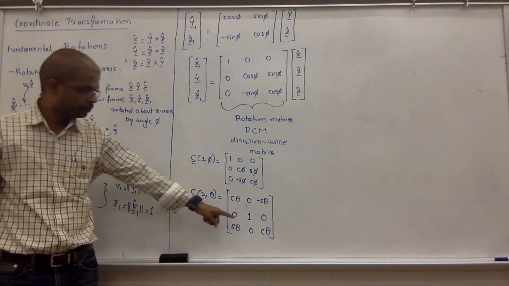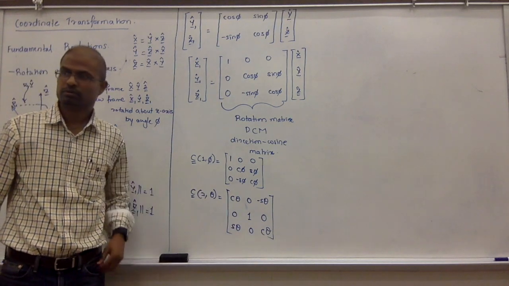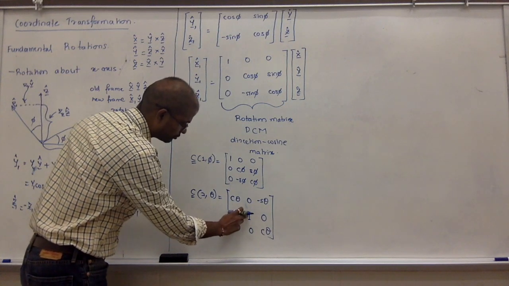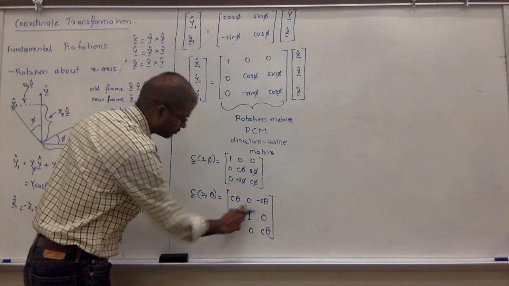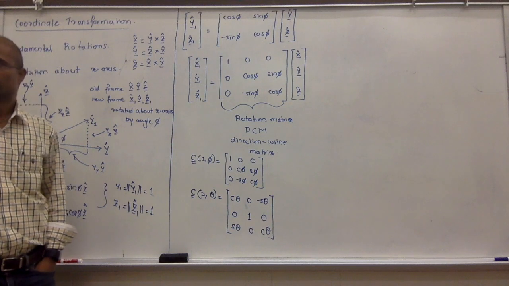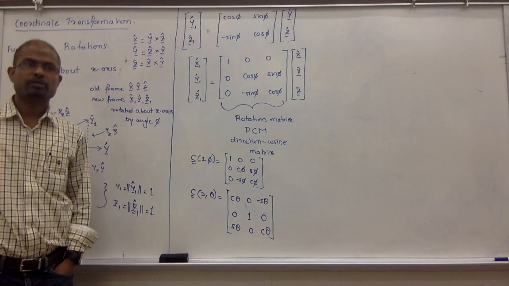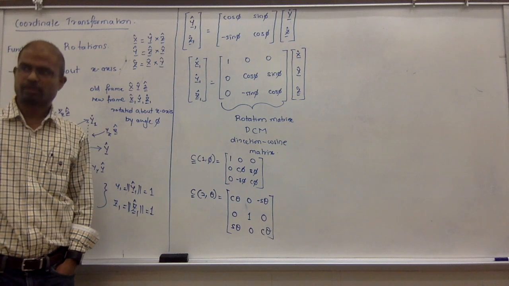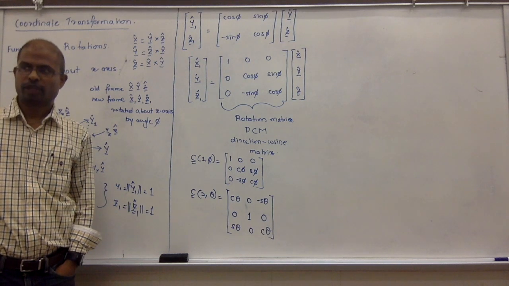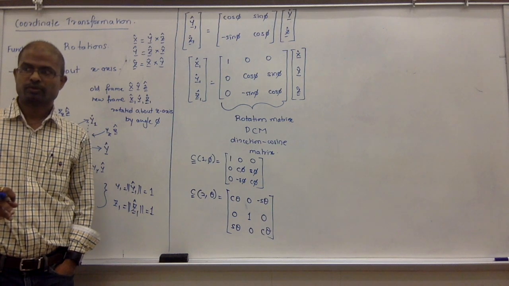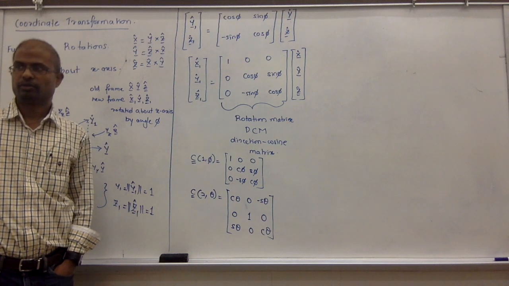That's just a notation. 1 refers to x, the first axis. 2 represents y, and 3 represents z.